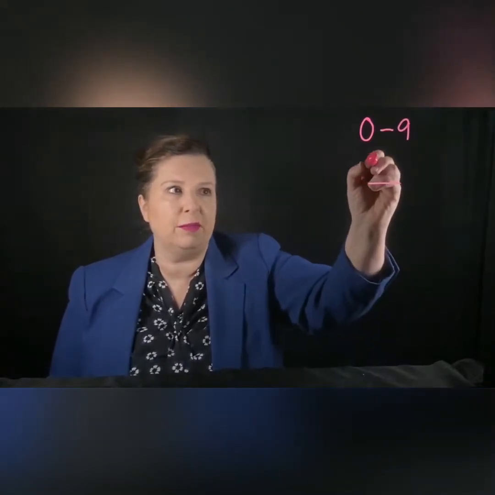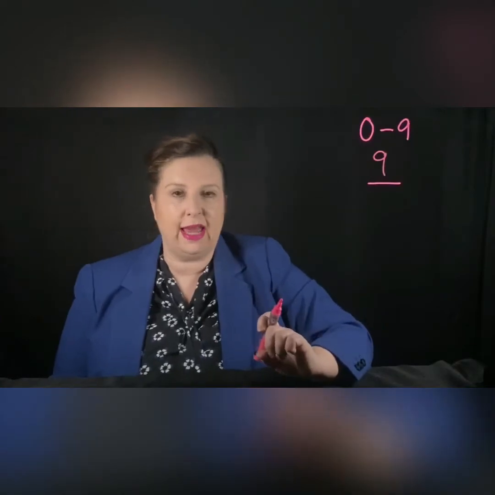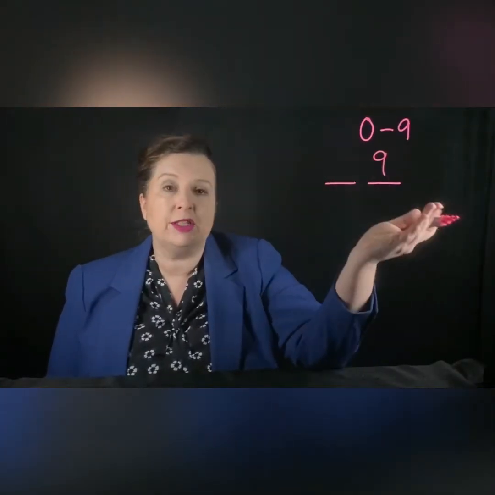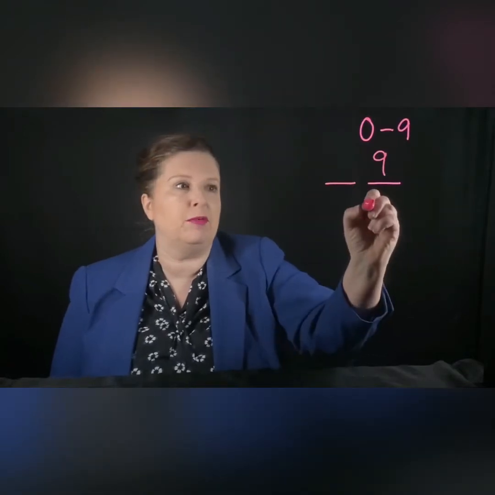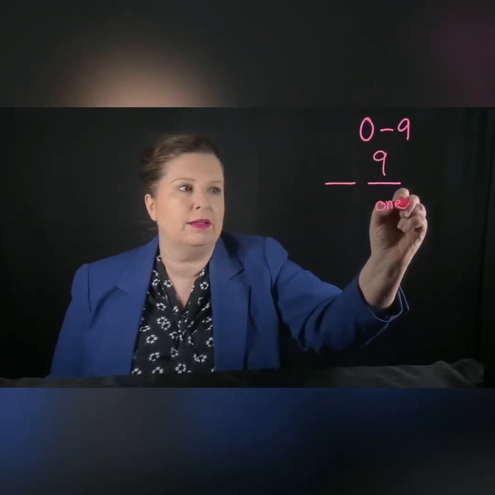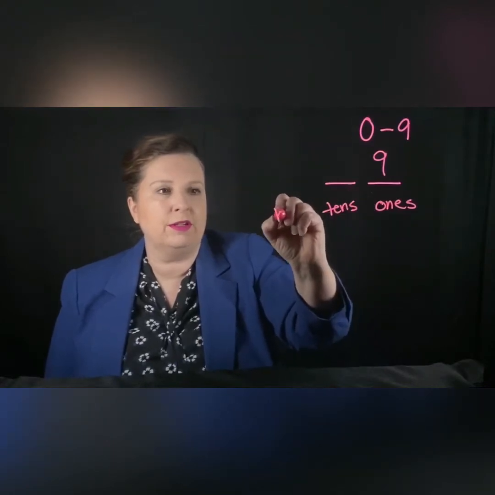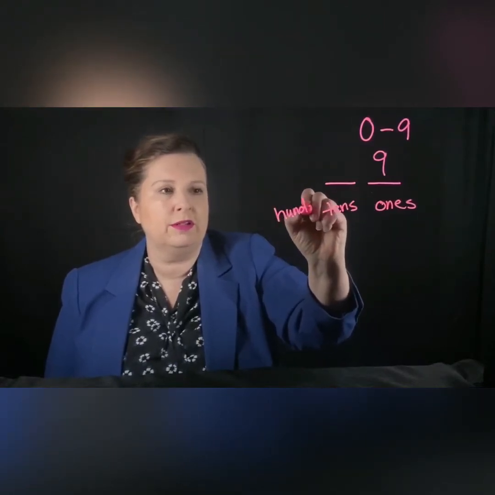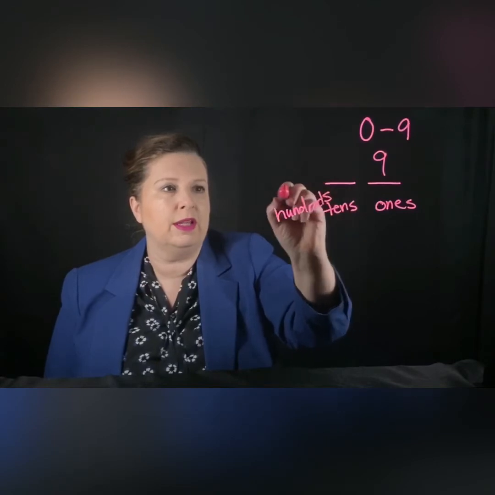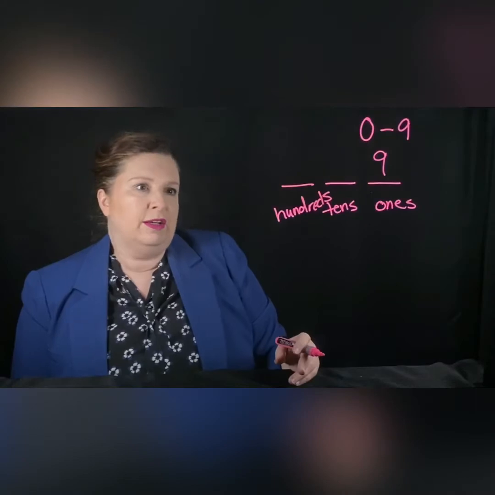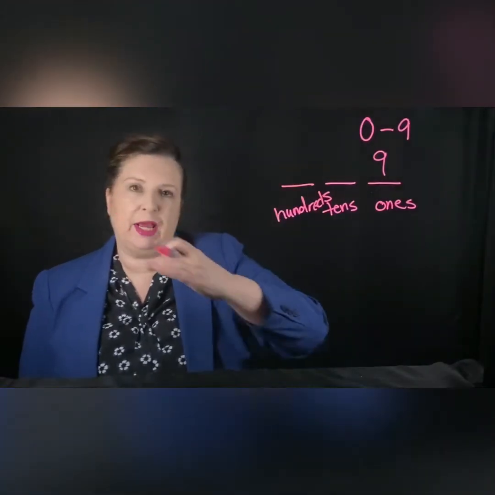And then as soon as you go up one more, so if you have the number 9 and you need to add one more to it, that moves you up into the tens position. So we have the ones and the tens and the hundreds. And it keeps going up. You know, thousands, it keeps going up this way.